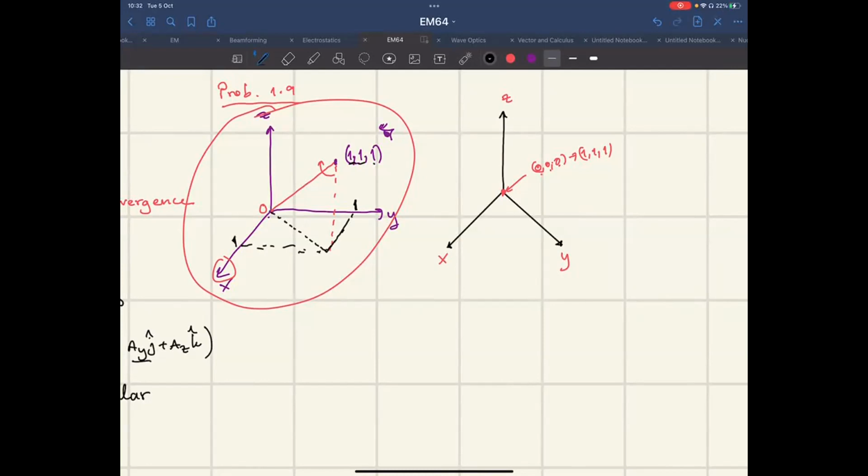So what is this angle? 45, yeah, 45. And this one is also 45. If you project everything, it's going to be 45 in all directions.